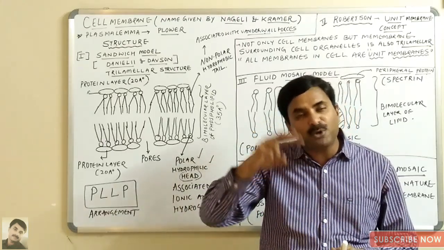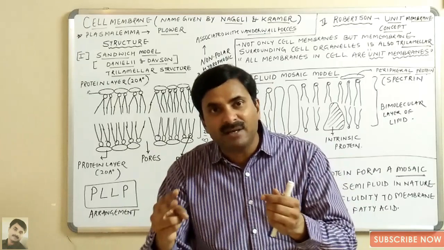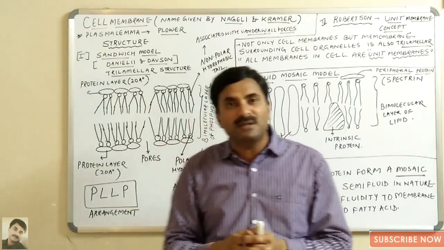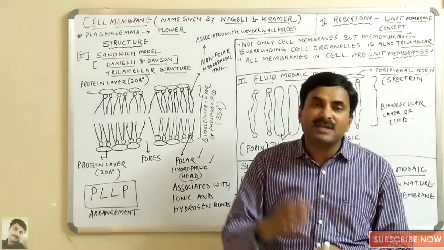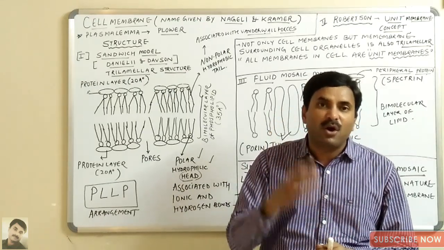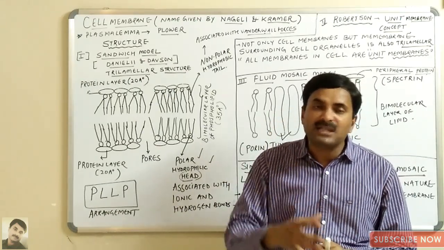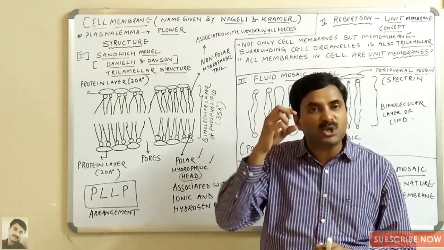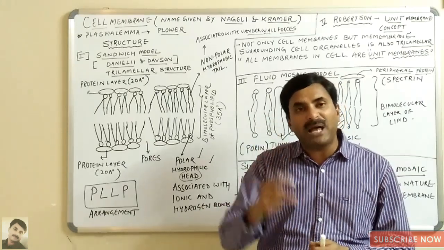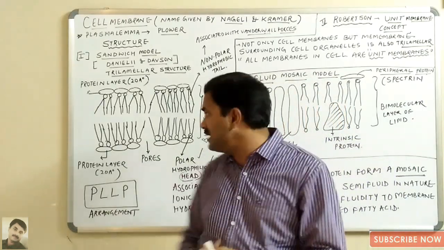There are two protein layers on either side, and sandwiched in between the two protein layers is the bimolecular layer of phospholipid, and that's why we can say that the structure of the plasma membrane is trilamellar.